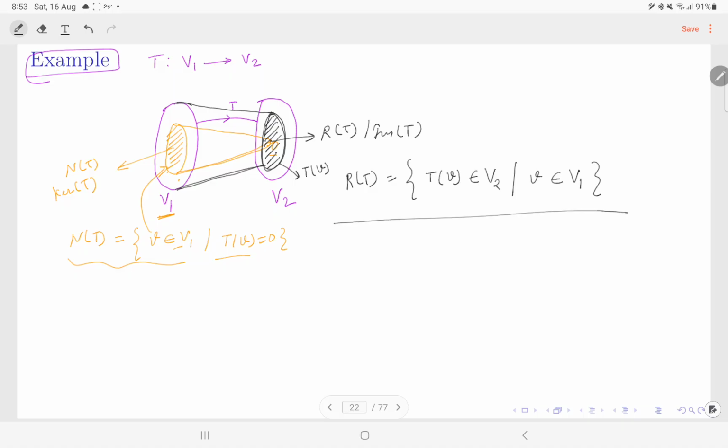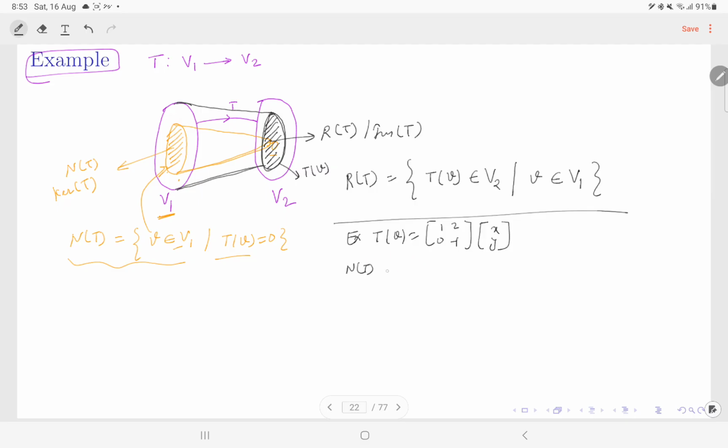Let me give you an example. The previous example was TV, which was mapping 1, 2, 0, minus 1, and this V was xy. Now you need to find what is null of T and range of T. So what will be null of T?